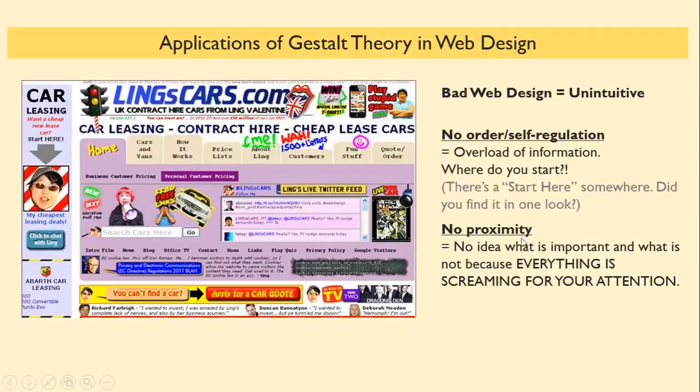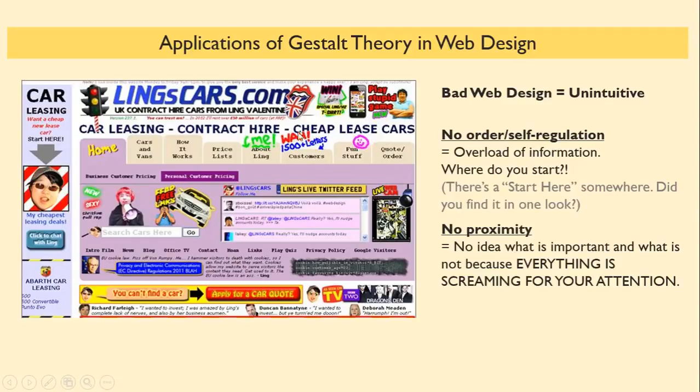The next thing is, there is no proximity. Everything seems to be more important than the other. Everything is screaming for your attention. What is relevant to the other? Maybe these things are relevant to each other because they look like the same shape and the same color. Then these things pop up. Why? Is this actually part of the screenshot?